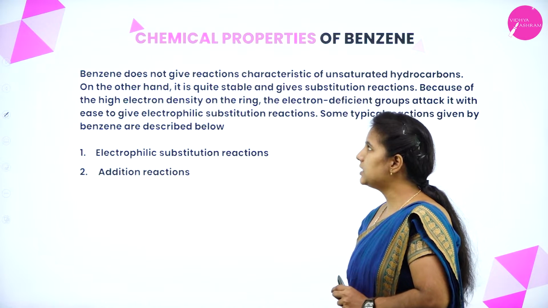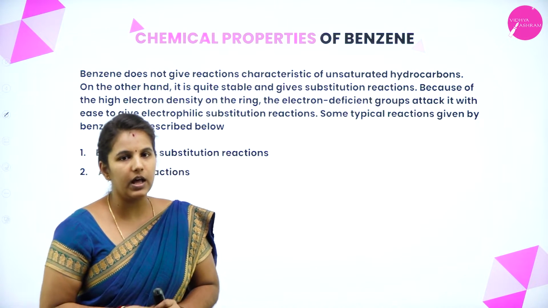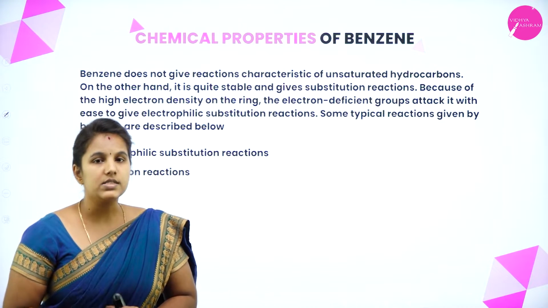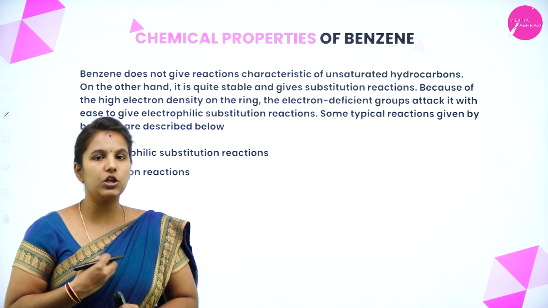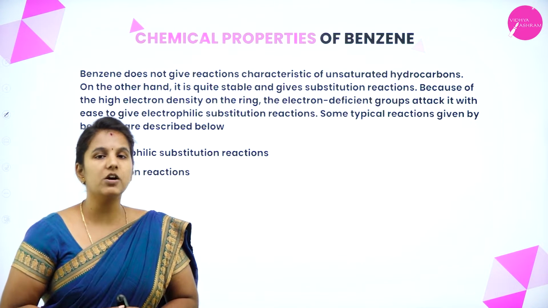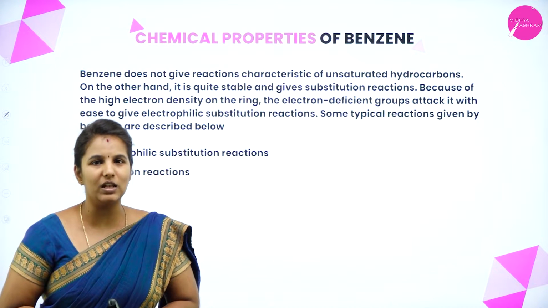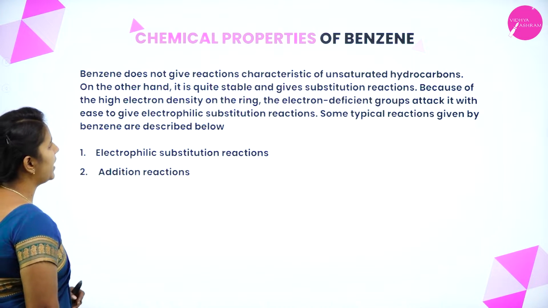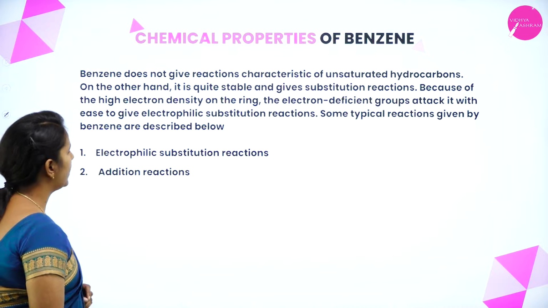Let's see what are the chemical properties exhibited by benzene. We already know that benzene has 6 carbon atoms with 6 hydrogen atoms, and it shows a lot of unsaturation because of the presence of alternating 3 double bonds with single bonds. Is it right? Yes. So benzene does not give reactions characteristic of unsaturated hydrocarbons.